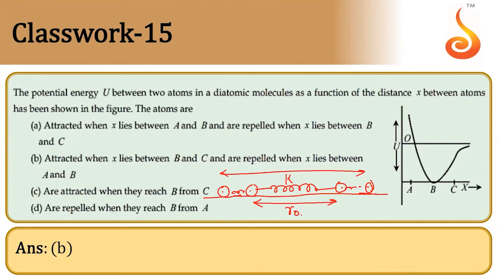When I increase the separation, what will happen to the elongation of the spring? Increases. Am I correct? Okay, when elongation increases, how does the spring force act on this atom like this and on this atom like this?